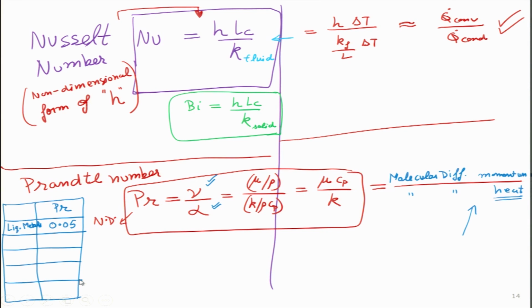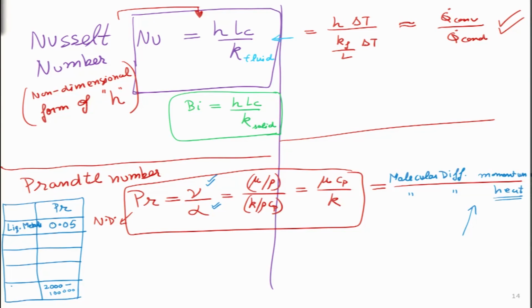Which will be the one having the highest Prandtl number over here? Between 2000 and 1 lakh, such high Prandtl number. So, that will be some sort of fluid where, if I give a little bit of heat, it is not transferring, but momentum transfer is taking place very fast.